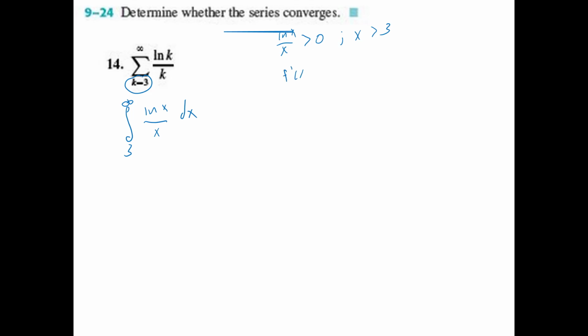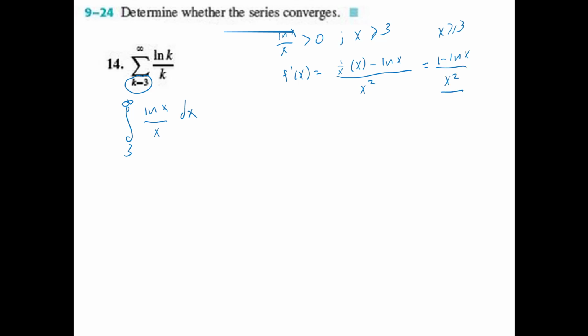F prime of x is equal to, here we have a quotient, so we need the quotient rule. Derivative of the top is 1 over x. Bottom left alone, x, minus, leave the top alone, natural log of x times the derivative of the bottom, 1, all over the bottom squared. And so then this is 1 minus the natural log of x, but again, x is bigger than or equal to 3. And then down here you have x squared.